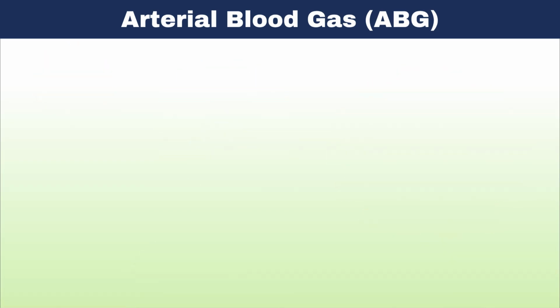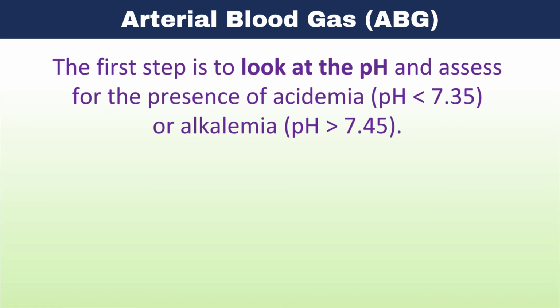How do we understand whether the patient is having acidemia or alkalemia, and whether it is respiratory acidosis, alkalosis, or metabolic acidosis or alkalosis? The first step is to look at the pH and assess for the presence of acidemia or alkalemia. If the pH is below 7.35, it is acidemia. If the pH is above 7.45, it is alkalemia.